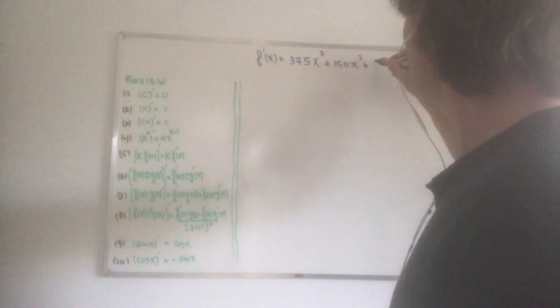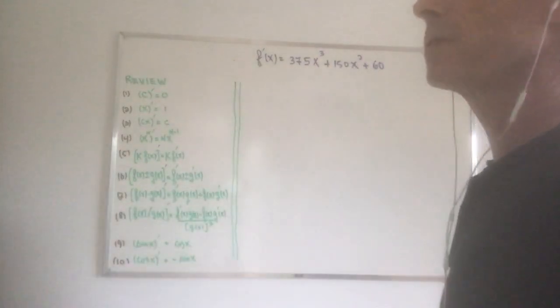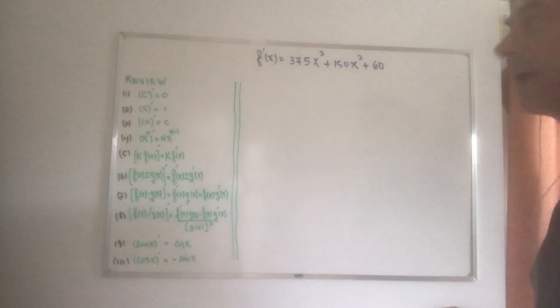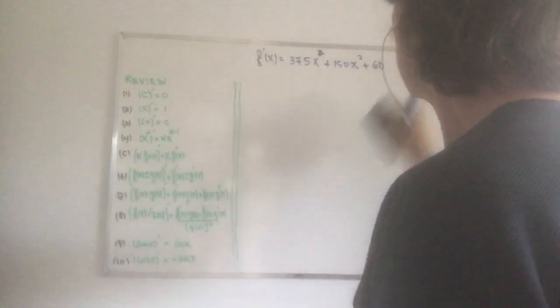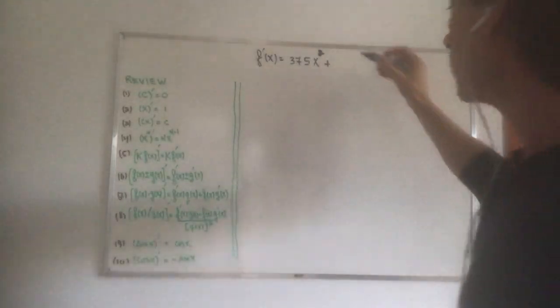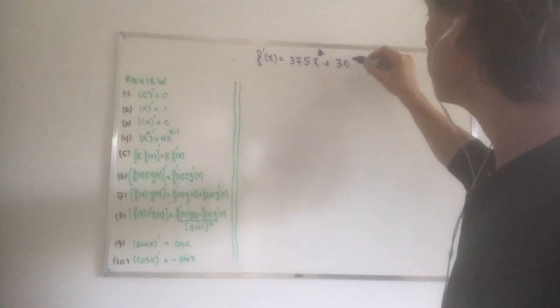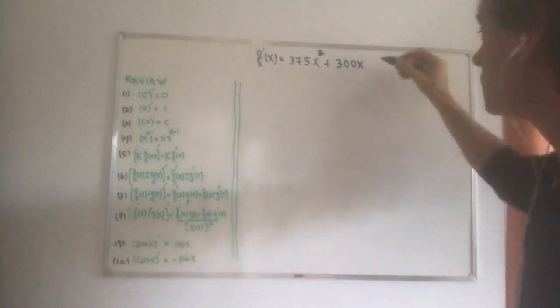I believe we had 60... No, actually, I got that wrong. This is 375x squared. Yes. Sorry about that. 375x squared. And that's 300x. And that would be 60.